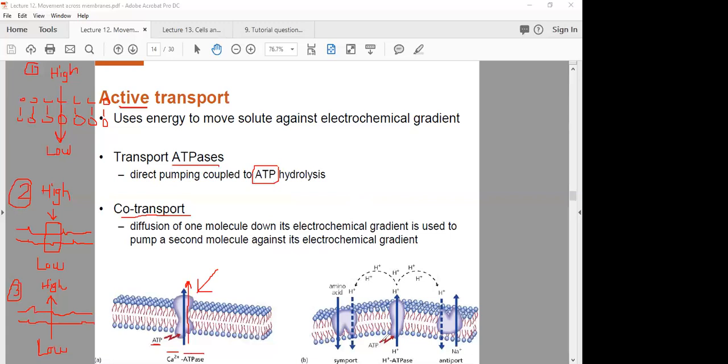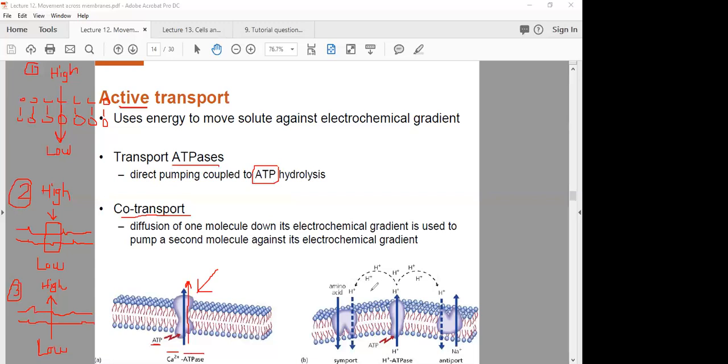It does this, of course, using energy provided by ATP. So the buildup of protons on one side of the membrane means that given the opportunity, those protons will do what? They will just naturally diffuse back down their electrochemical gradient. But they can't do that directly through the membrane itself.